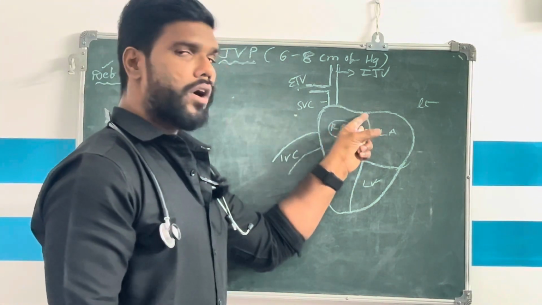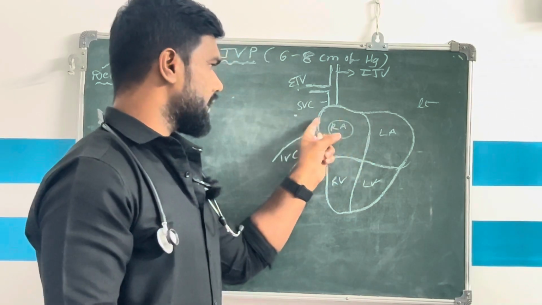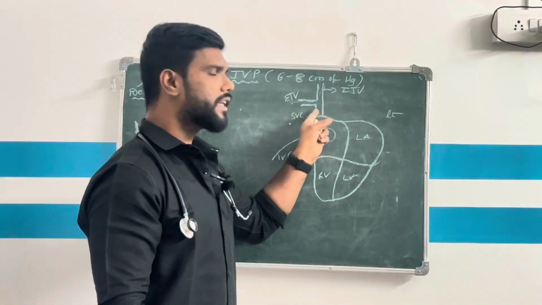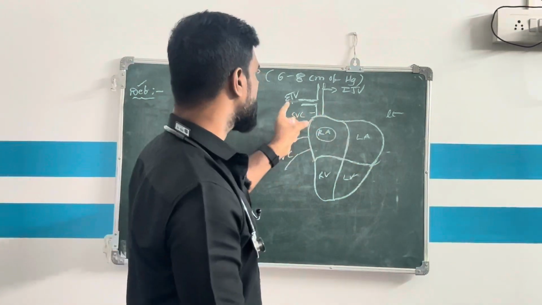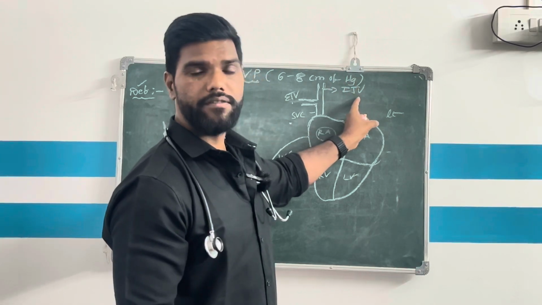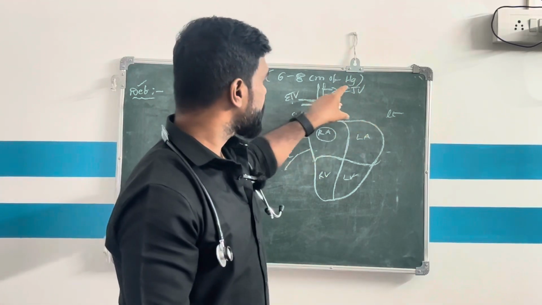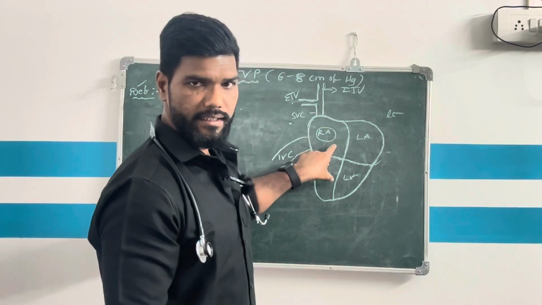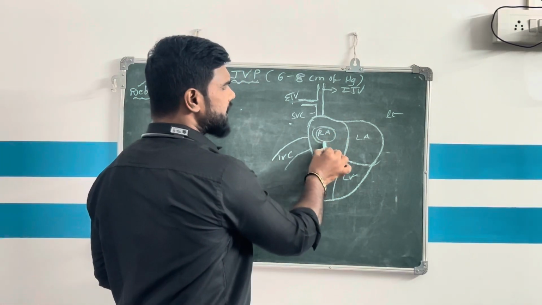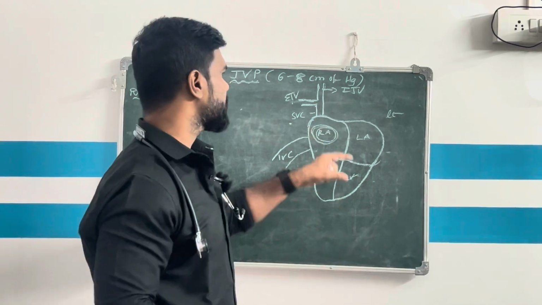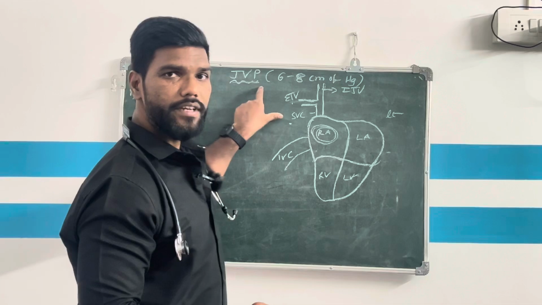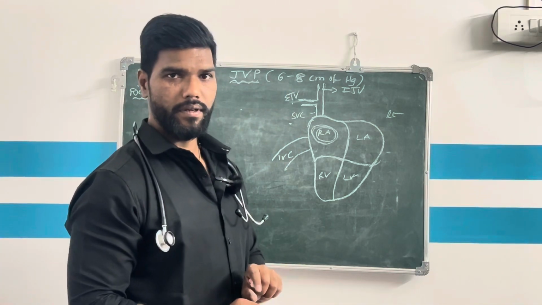The right atrium receives deoxygenated blood from the inferior and superior vena cava. The superior vena cava is formed by the combination of external and internal jugular veins. The internal jugular vein directly connects with the right atria. That's why any pressure change in the right atria is indicated by the pressure in the internal jugular vein, that is called jugular venous pressure, right?